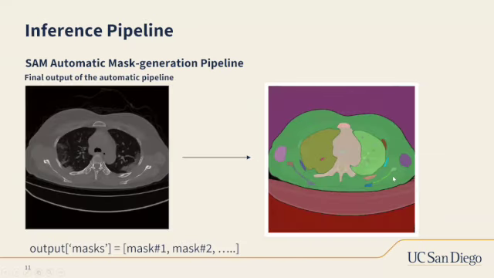So this slide shows the final output of the pipeline, which is a list of NumPy arrays. Each NumPy array corresponds to a final mask post-processed by the pipeline.